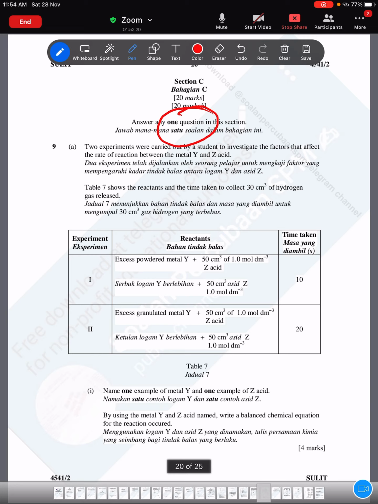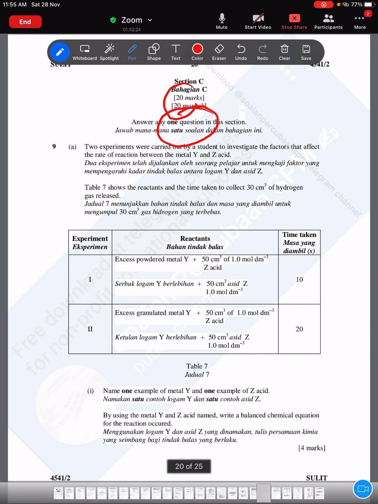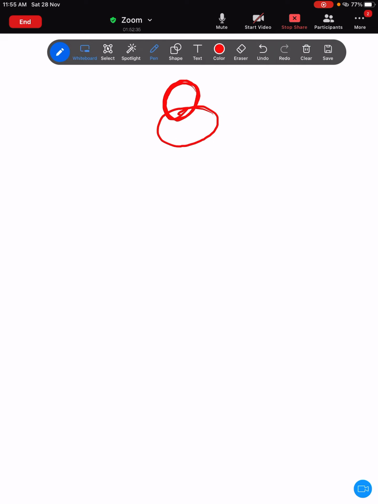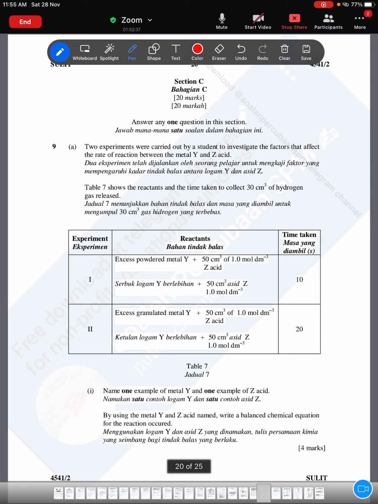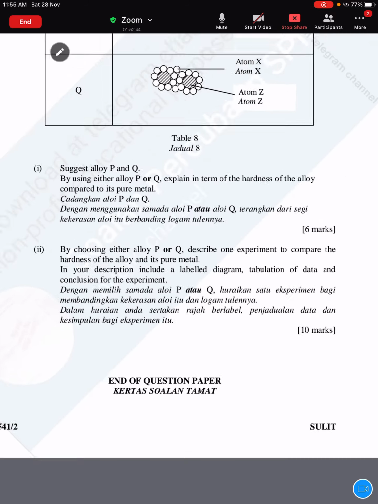One question carries 20 marks. This is my concern, so you need to answer clearly, precisely, one by one. Without further ado, there is another 10-mark part. Let's do this one. Hurry up.